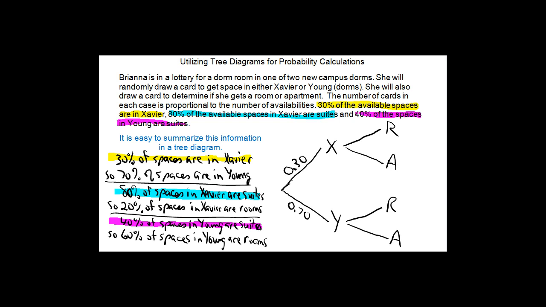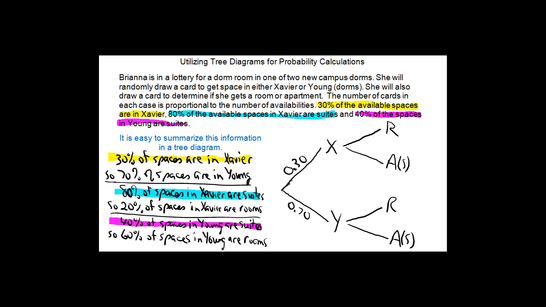Now once you know you're in Xavier, 80% of those are suites. Actually, I wrote A for apartments, but I don't want to change that. Let's just say apartments are suites.